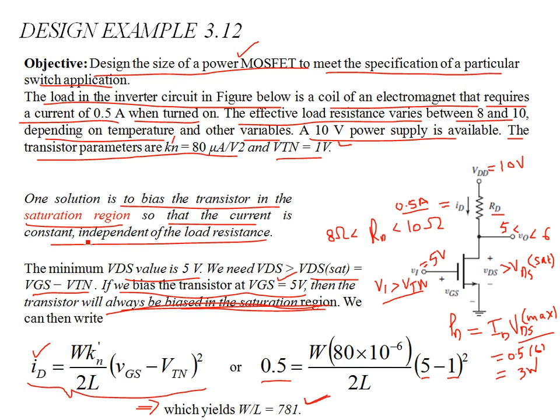The only thing we were selecting to keep the transistor in saturation was VGS. Once VGS is determined, you determine VDS. Then this VDS determines the maximum power that you have, and the power and the size define the requirement for the power MOSFET. Okay, that's all.